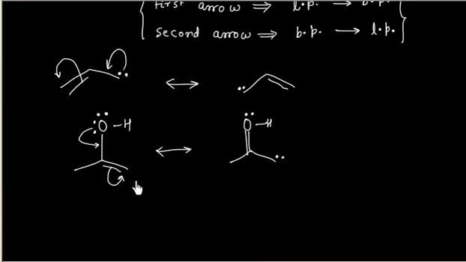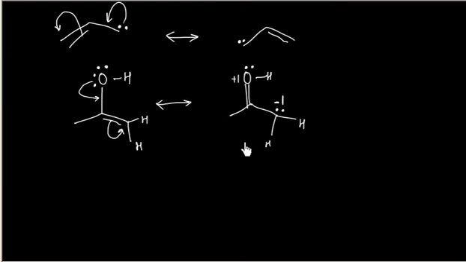We can also calculate the formal charge. Initially this carbon contains 2 hydrogens, so here also we have 2 hydrogens. Now this carbon has one lone pair and 3 bonds, so it will have a -1 formal charge. This oxygen will have 5 electrons only, so it will have a +1 formal charge. If you see the total charge on this resonating structure, it is 0, +1 -1, that is 0, so the net charge is 0.